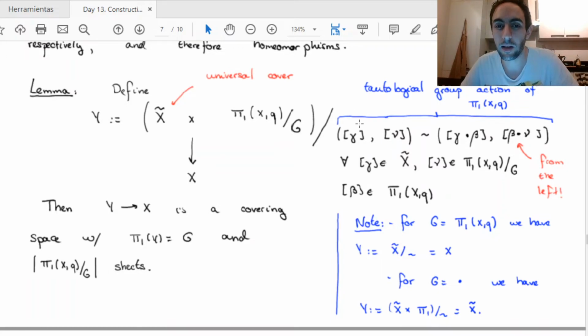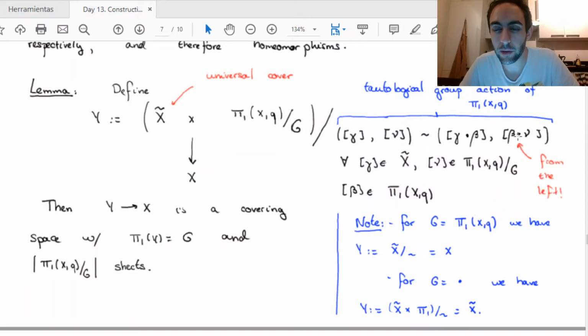So let me be a bit careful. Basically, we say that a path gamma here and a class nu here is equivalent to another class: gamma pre-concatenated by some loop beta in the fundamental group, and nu post-concatenated by beta.